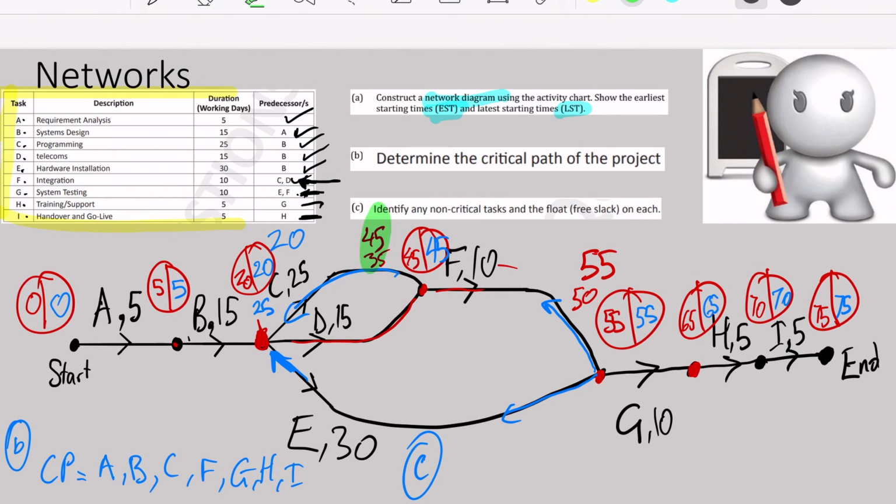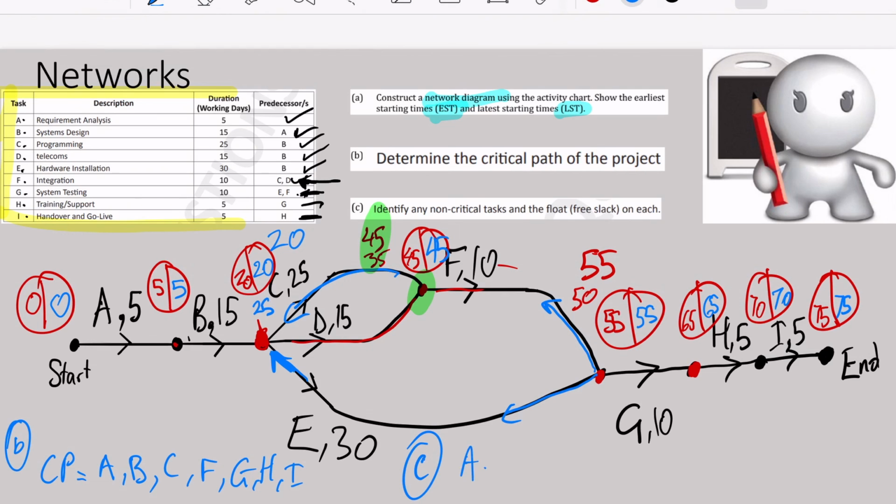Over here, okay, I got to this particular vertex by going through A, B, C, which would have been 45 minutes, but going through A, B, and D was actually 35 minutes. Alright? So there's a little bit of float time for activity D.